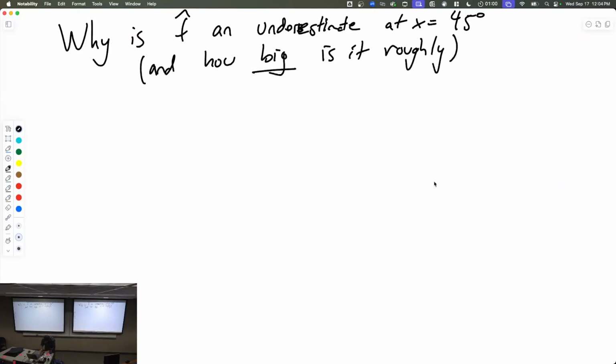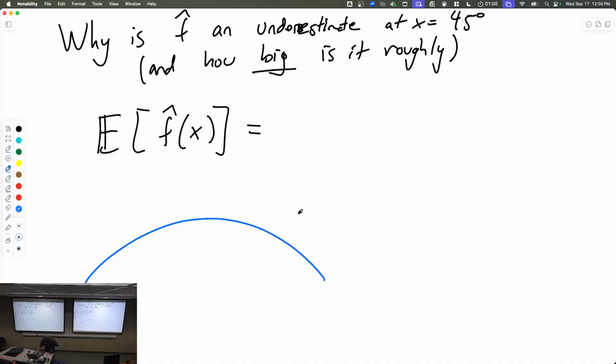The key thing: what is the average of the f hat in this situation? I'm going to tell you a formula, and then justify why it's true. There's the true f over here, which is the true average, and we are averaging a little chunk of that.